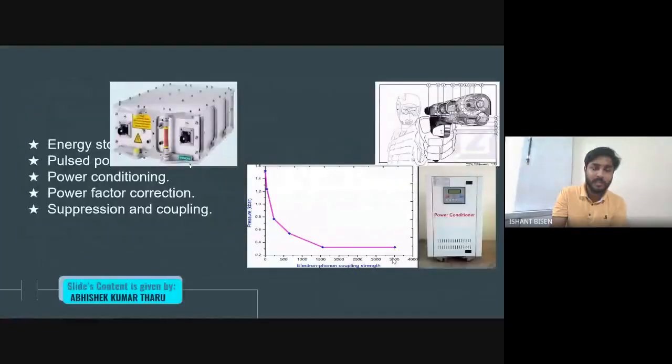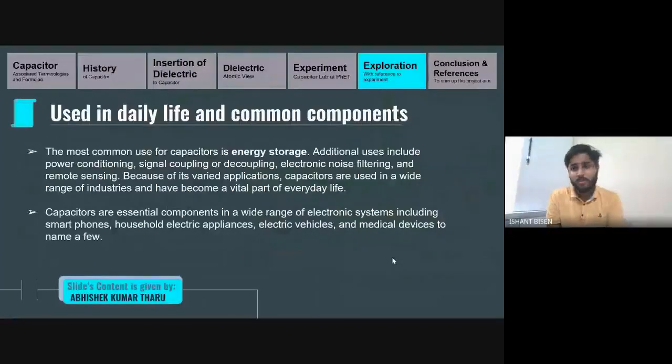Coming to the summary and conclusion: we noticed a very good difference when we insert a dielectric material inside the capacitor. The electric field also changes by a constant factor, and a force is also exerted between the plates.